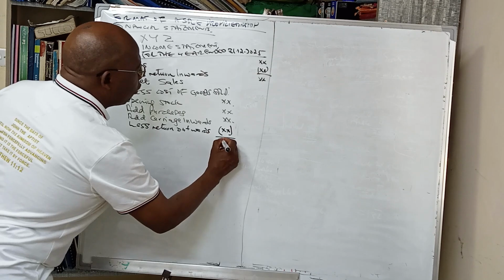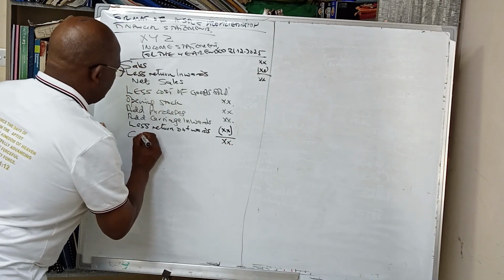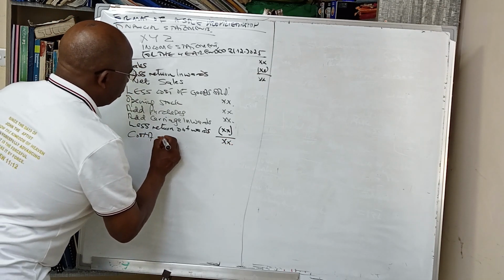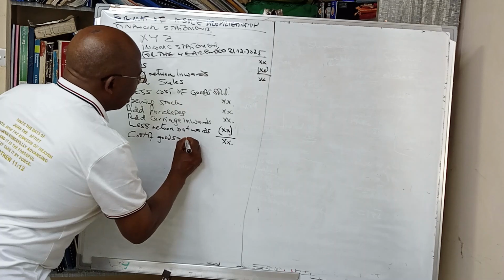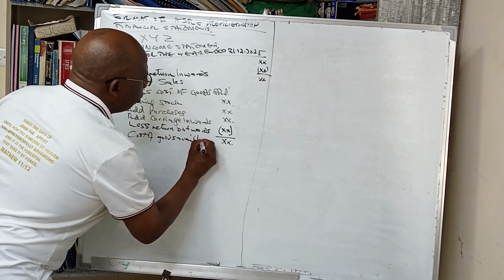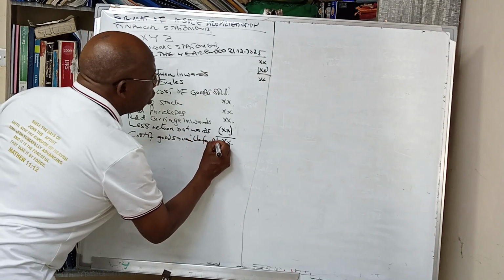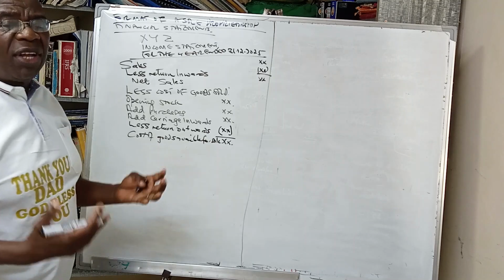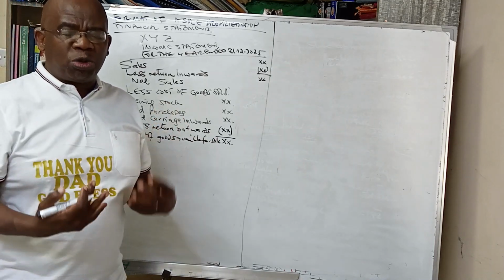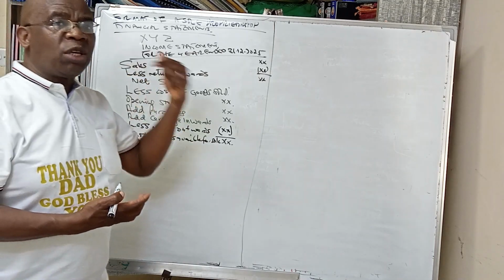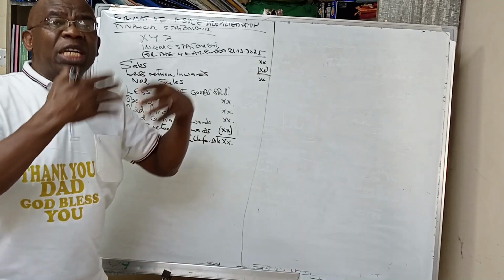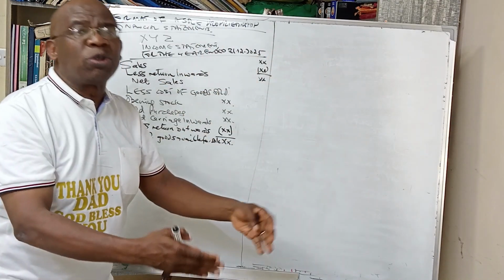So we are subtracting return outwards. We get cost of goods available for sale. The goods which we had, which we could sell. We started with what we had, with the inventory which had been bought last year. That's what we started by selling.